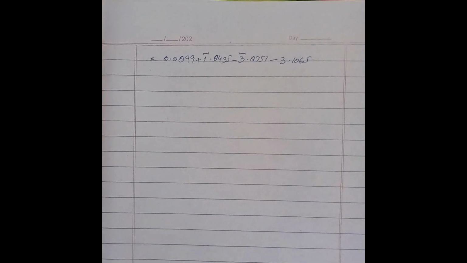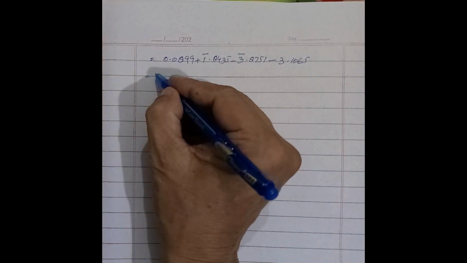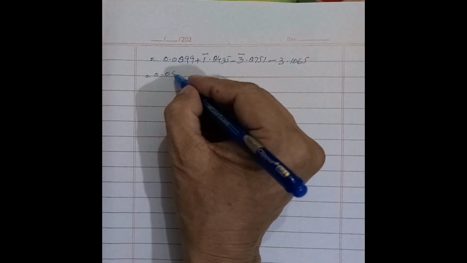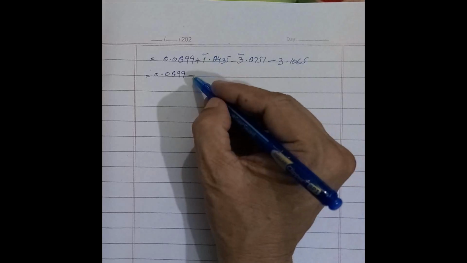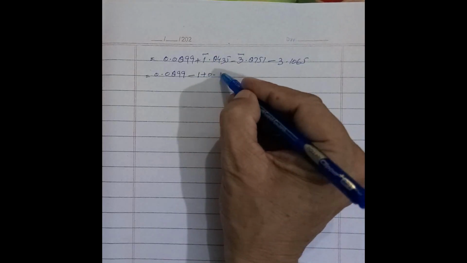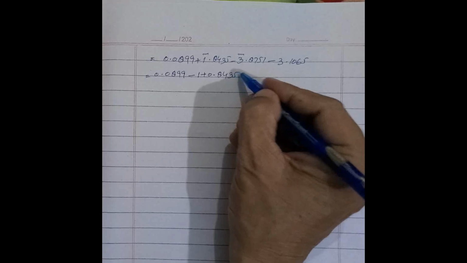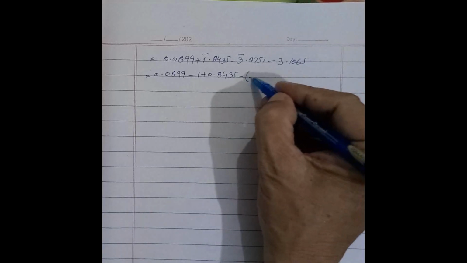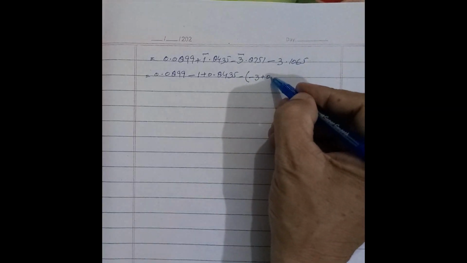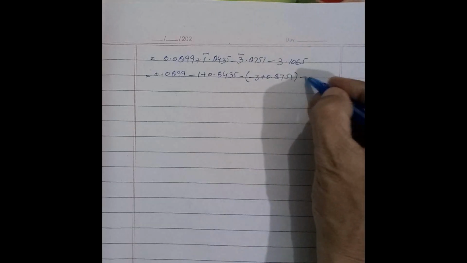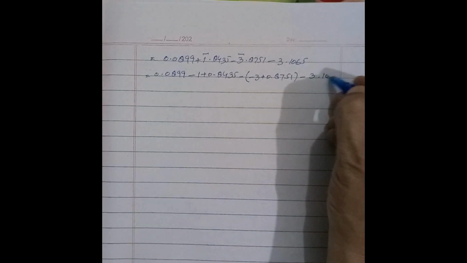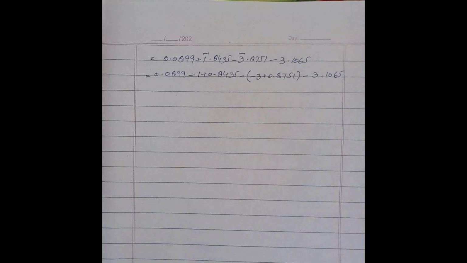Now we simplify these values, which is 0.0899 minus the 1 bar, means minus 1 plus 0.8435 minus bracket minus 3 plus 0.8751 minus 3.1065.